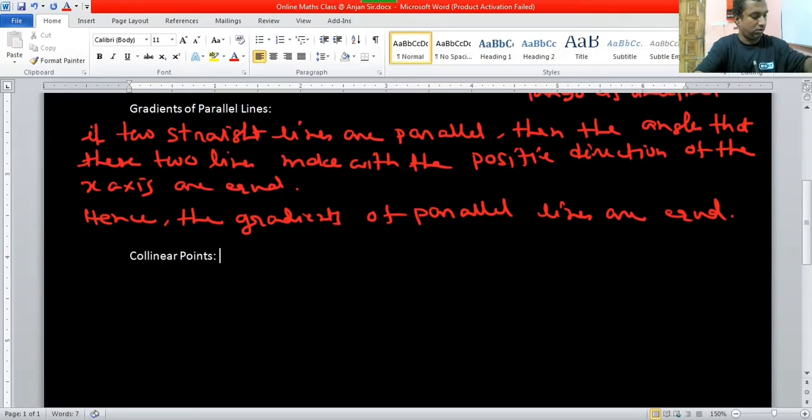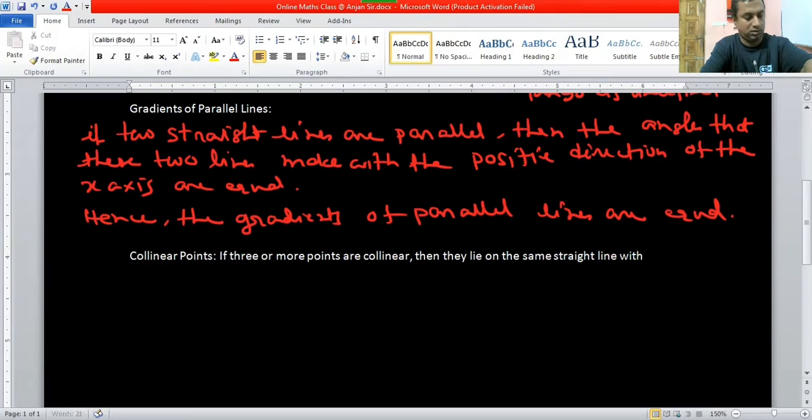If three or more points are collinear, then they lie on the same straight line with the same gradient.